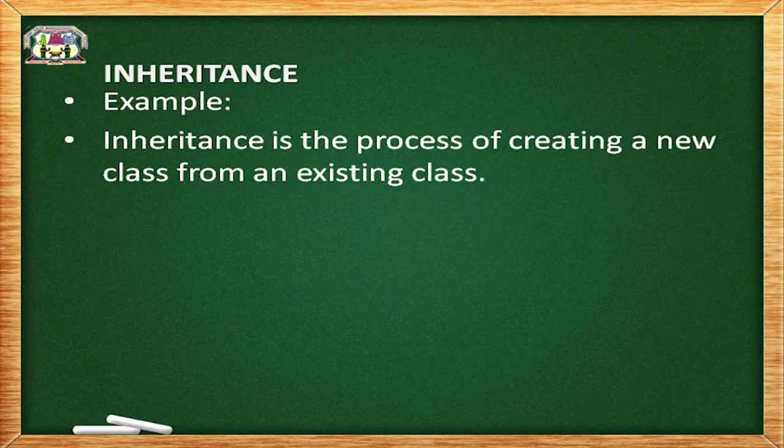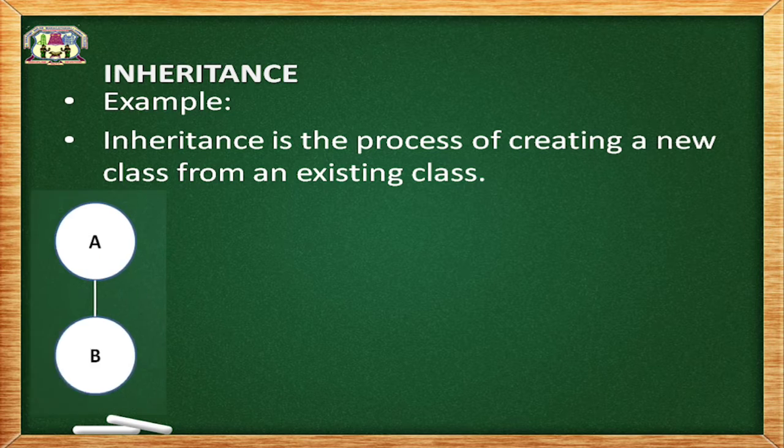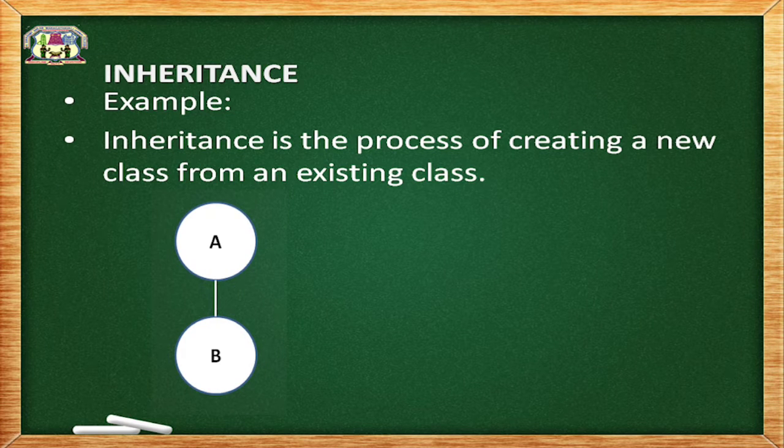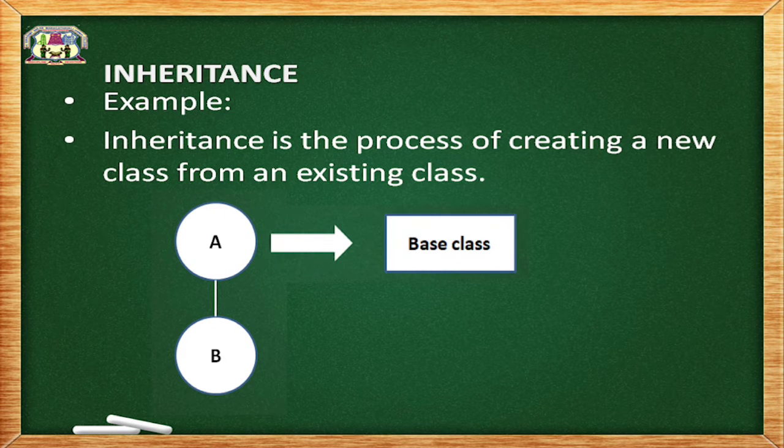Inheritance is a process of creating a new class from an existing class, which means we are deriving a new class from an already available class. Consider class A, from which we derive a new class called B. Class A is called the base class, and the class derived from class A is called the derived class.